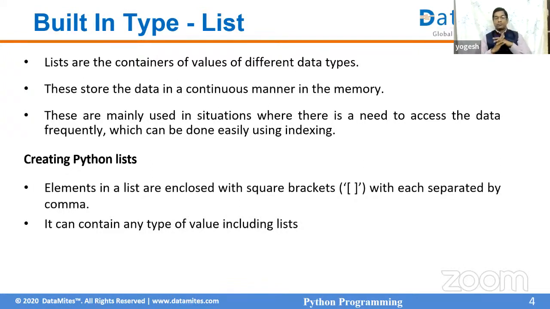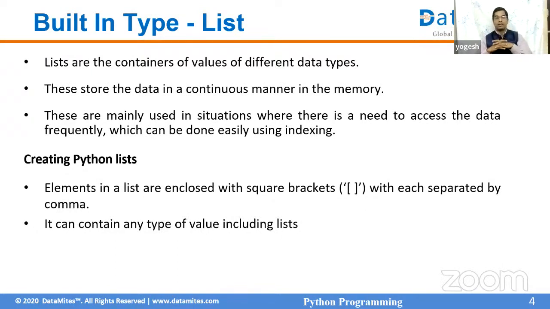Now we need to know what is behind this. When I say list, I need to know how to create a list, how to add items to a list, how to access elements of a list, how to modify the existing elements, how to remove something from the list, or how to remove the complete elements of the list, how to add at the end, how to add in between.